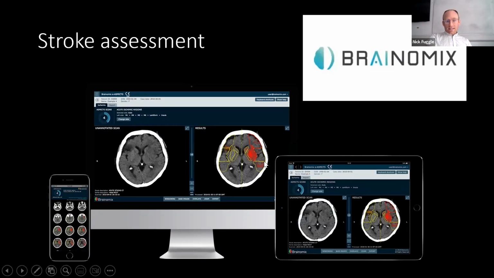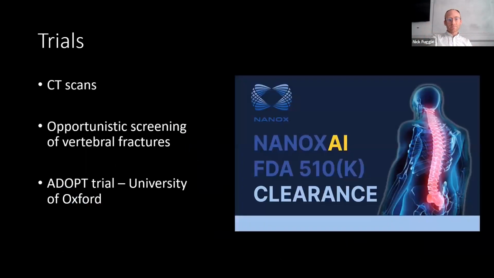They highlight areas that are suspicious for stroke, and so aim to improve the performance of radiologists in reporting CT scans in that important window when we're trying to decide as clinicians, are we going to deliver thrombolytic therapy for a patient, or are we going to hold off because it may be too dangerous or not worth it? So that window is small, and this aims to assist in that decision-making process.